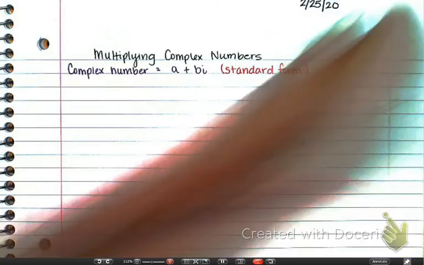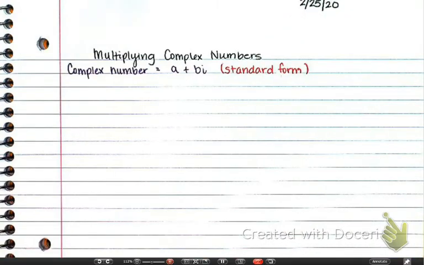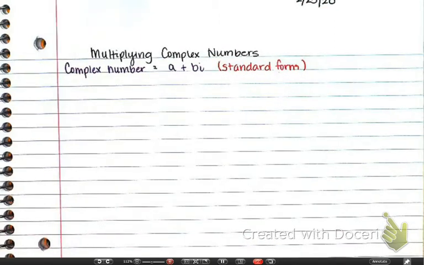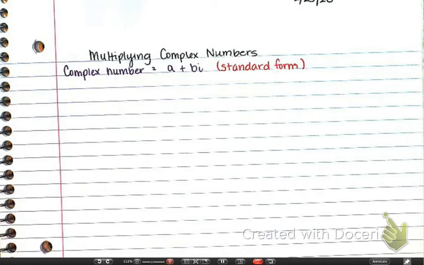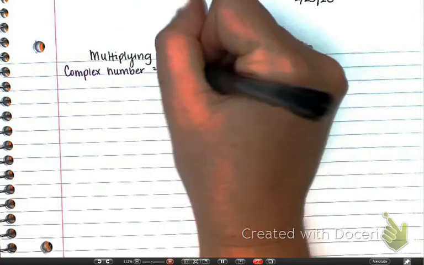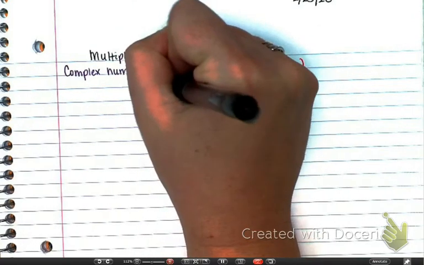There are two parts to this complex number. What are the two parts? The real part and the imaginary part. Which part is real? A. So your constant is your real part.